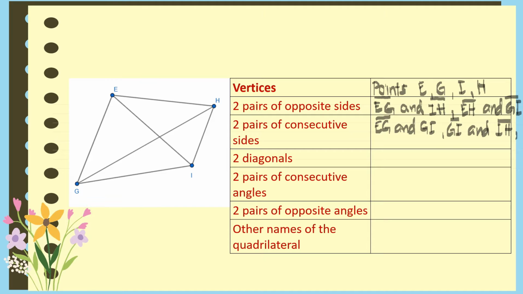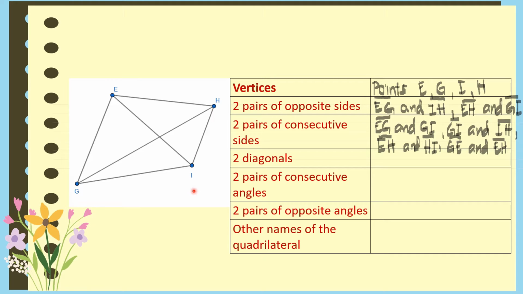It could also be side EH and side HI. And then we have side GE or EG, and side EH. So there are four pairs of consecutive sides: GE and EH, EH and HI, HI and IG, then IG and GE.